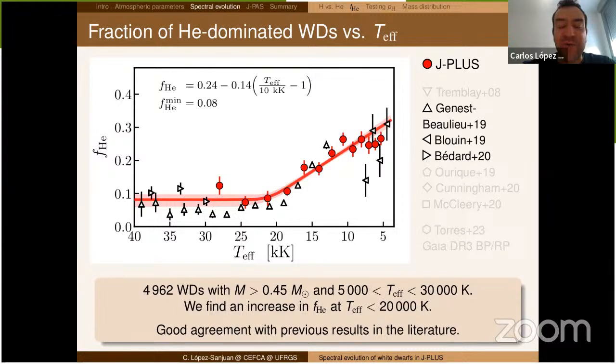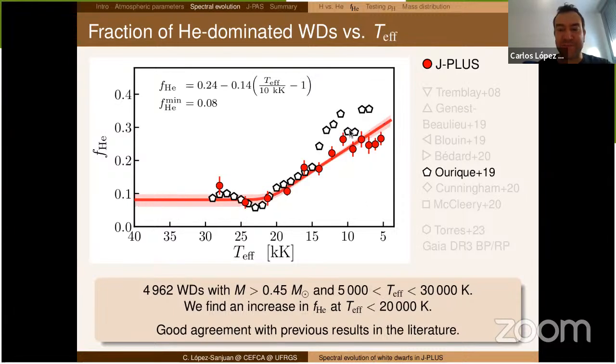So remember that we use photometry, they use spectroscopy. And the most interesting thing is that we found a consistent result in the high temperature end, and then something that resembles the increase that we found. At lower temperatures, there are large errors, but we are compatible basically at 2 sigma with the results.